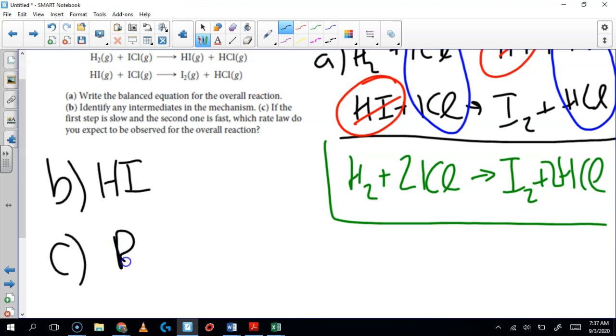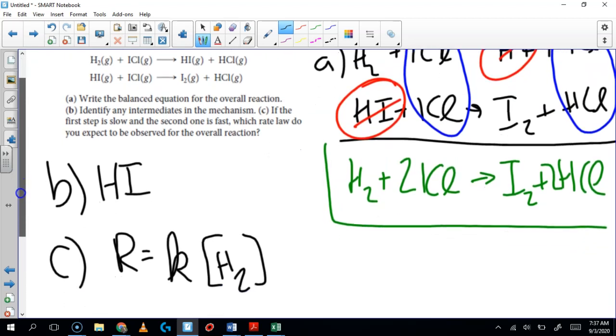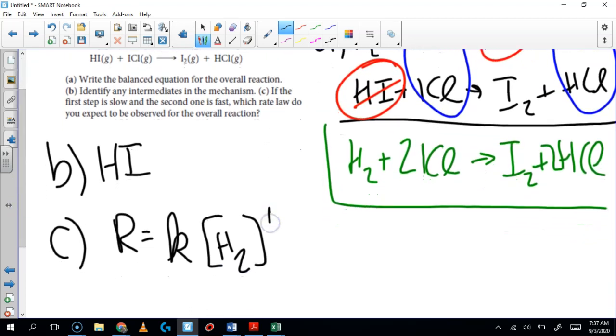So it's going to be rate equals k, H2, let me make sure that there are no powers or orders given. Okay, raised to the first, and then ICl raised to the first.